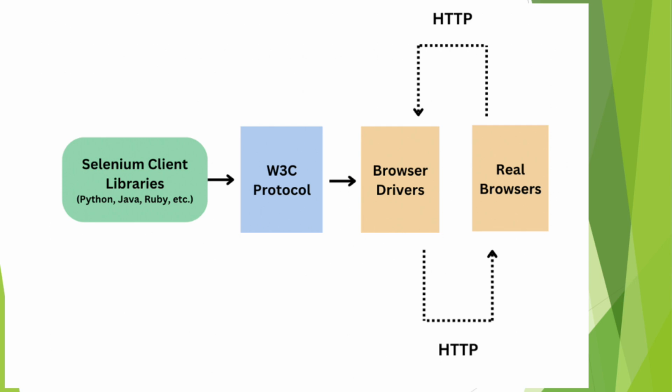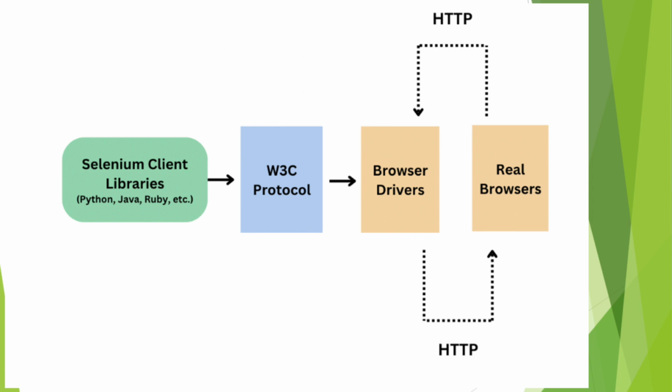So you can see that it communicates with the browser and executes the command interpreted from the JSON, which is received by the browser driver. Now the browser executes the code and gives a response back. For example, if you ask it to click, it will click and give the response back to the browser driver.